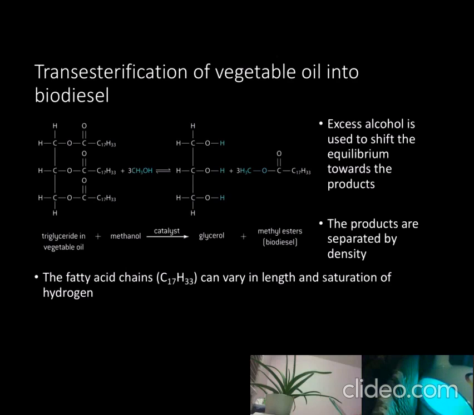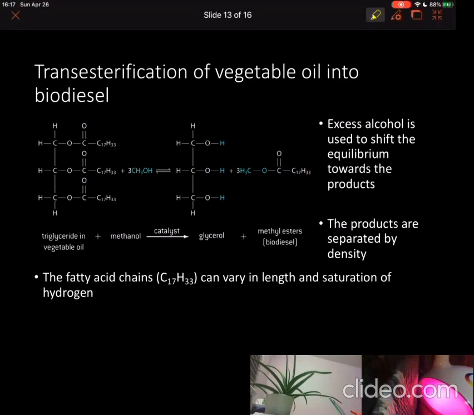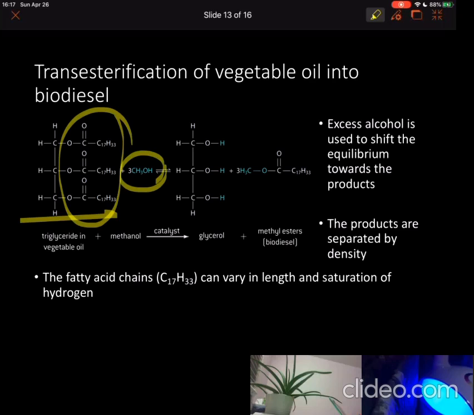Yeah. Transesterification of vegetable oil into biodiesel. And so this is really just an extension of the process that we just saw. Because if you notice here, those are essentially esters, but together they're a triglyceride because there's 3 of them. And then here we have the 3 alcohol molecules.